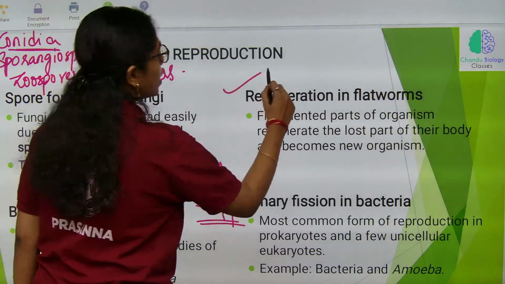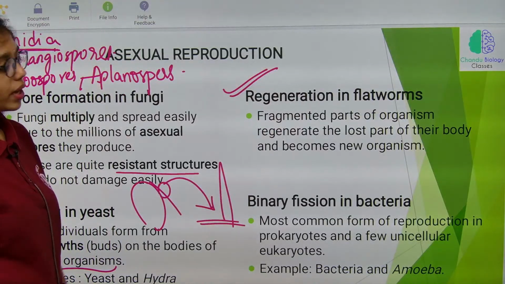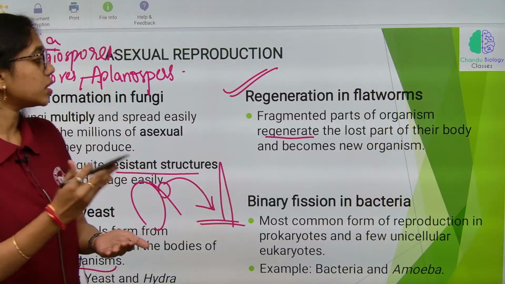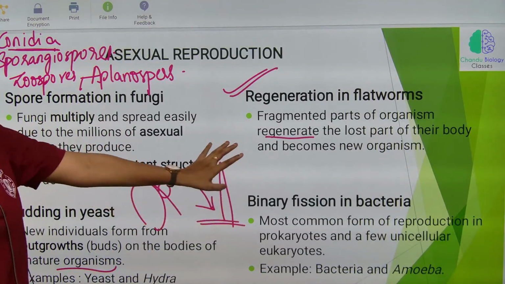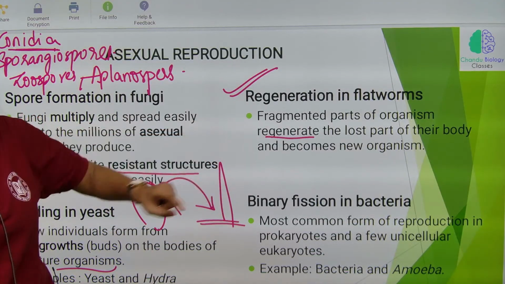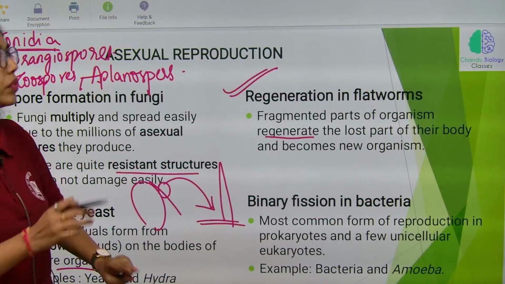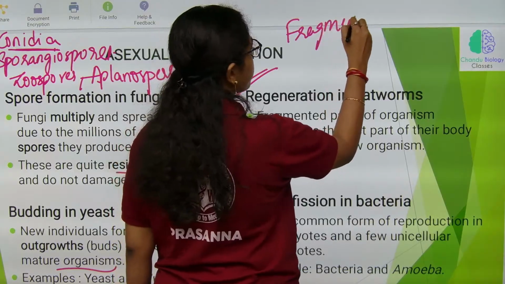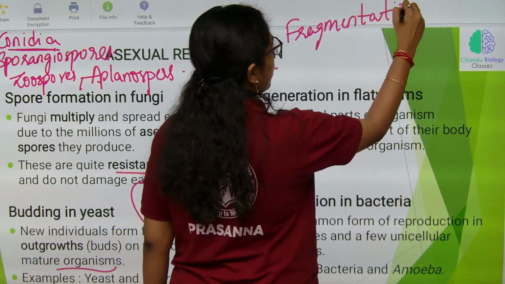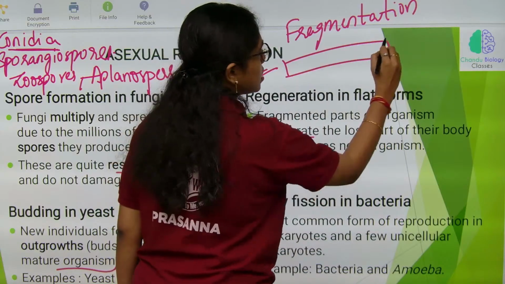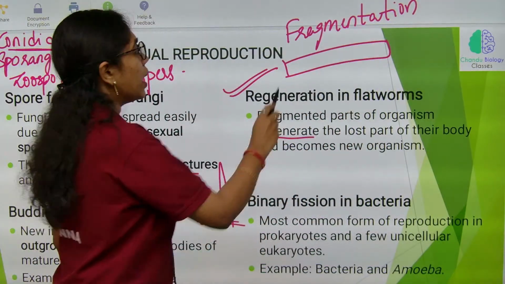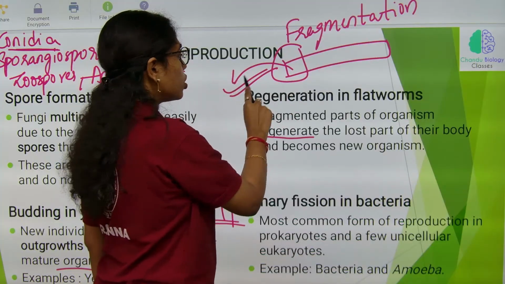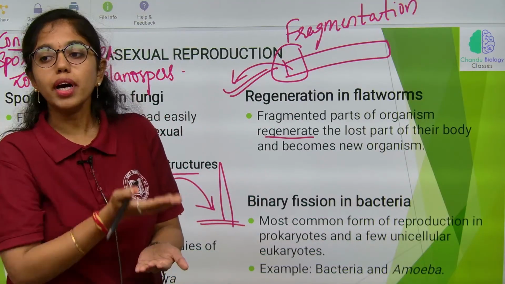And then regeneration in flatworms. Fragmented parts of the organism will regenerate the lost part of their body. Now here, what is the difference between regeneration and fragmentation? Fragmentation is a mode of vegetative reproduction wherein, let us suppose this is a parental body, any fragment which is fragmented from the parental body, landing on a suitable substratum, will grow into a new individual.